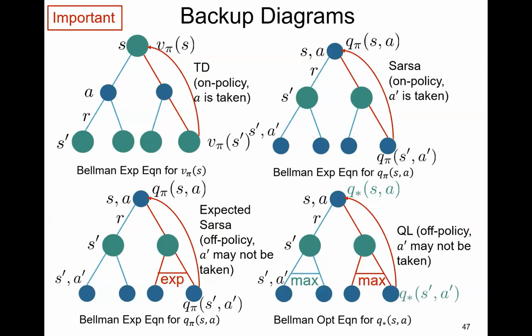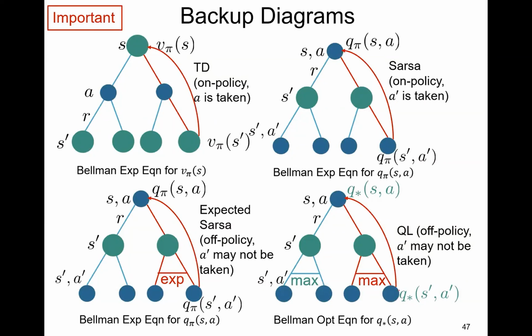So also TD and Sarsa are all on policy methods. That is, Sarsa always takes the action A prime. But expected Sarsa and Q-learning are off policy, which means the backup is different.